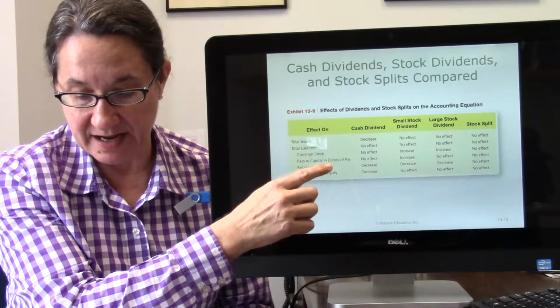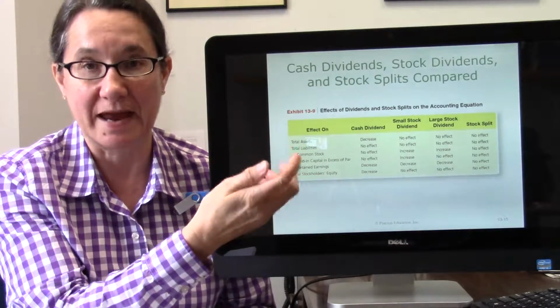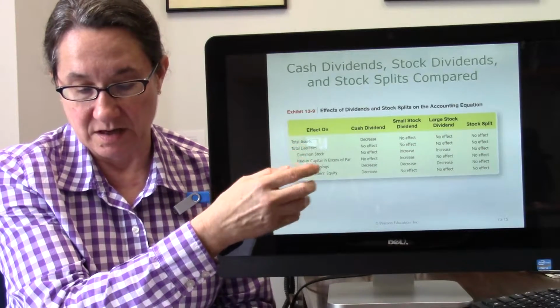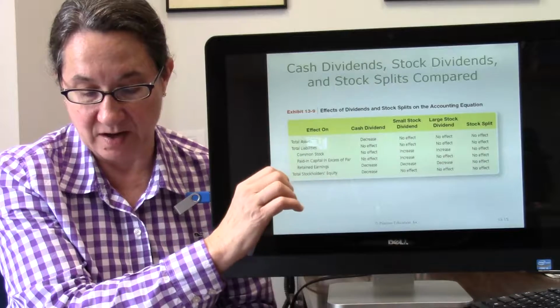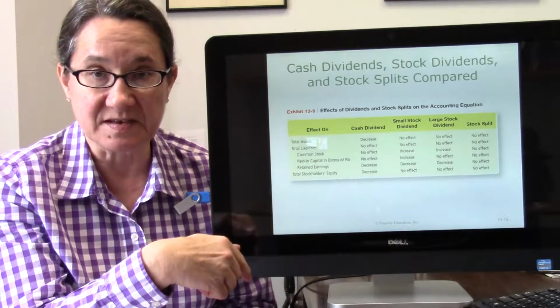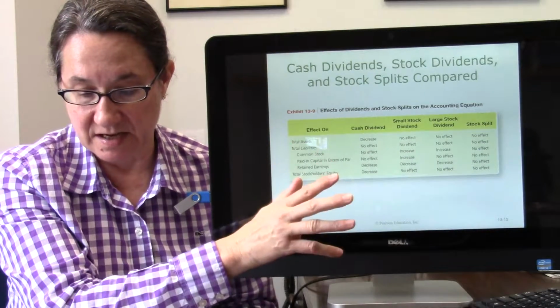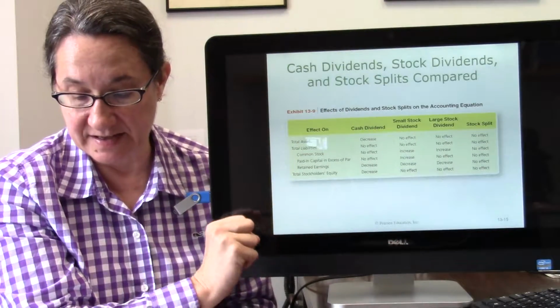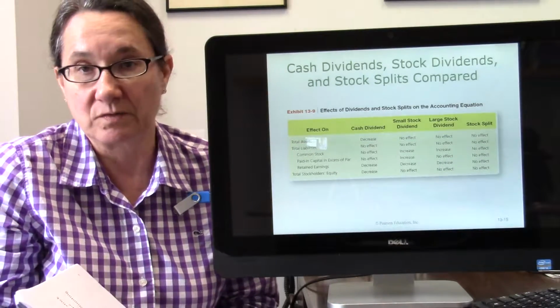When you have a cash dividend, you decrease your assets, because you're paying out some cash. You have no effect on liabilities, no effect on common stock. Retained earnings go down because dividends come out of retained earnings. And so on with different choices. Stock splits have no effect on anything because everything divides exactly in 2.